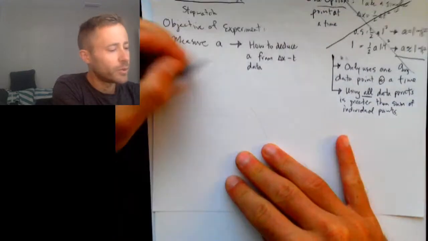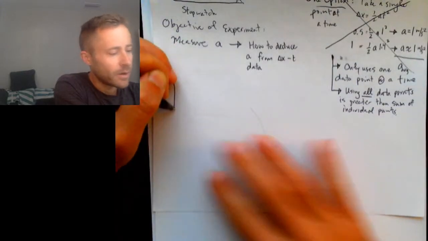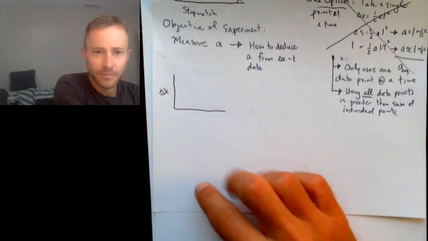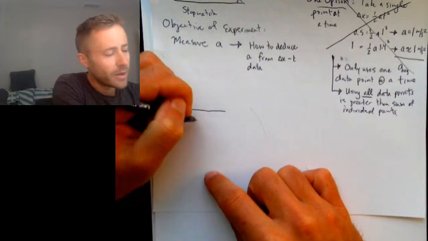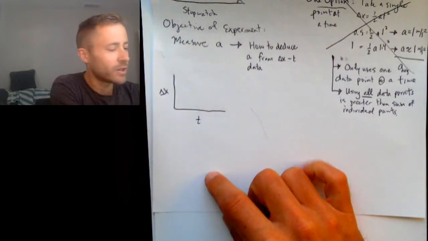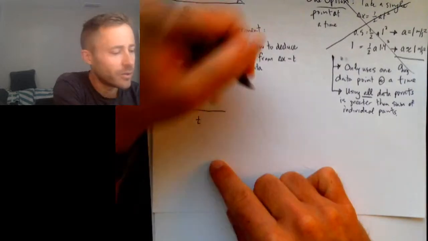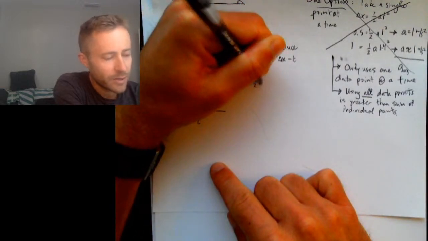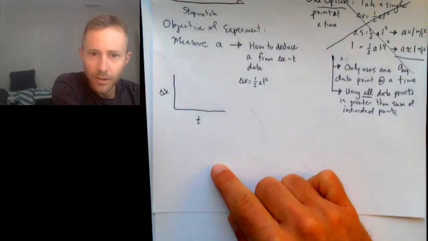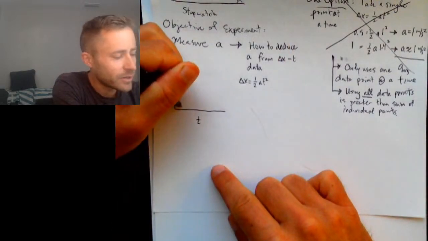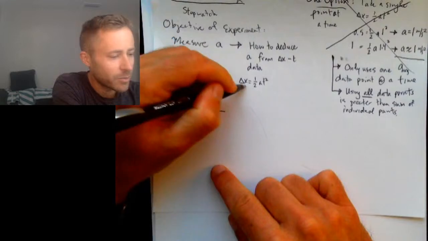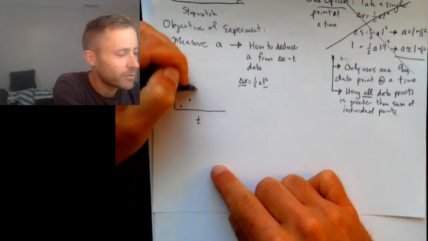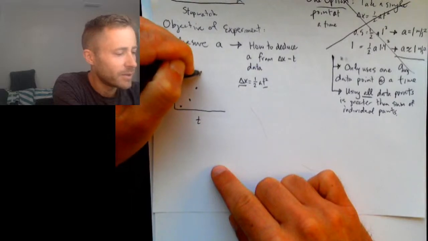What we would do is graph displacement on the vertical axis. And if we did time on the horizontal axis, we can see that the relationship is delta x equals 1/2 at squared. And so this is a parabola, right? It's t squared. So the data is going to kind of look like this.